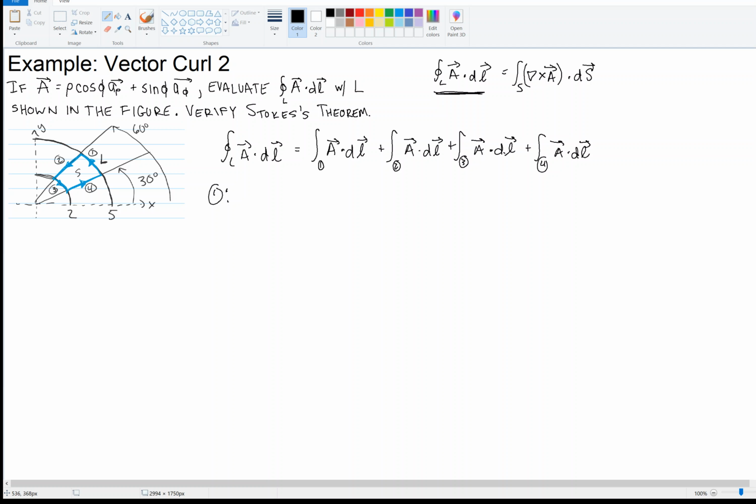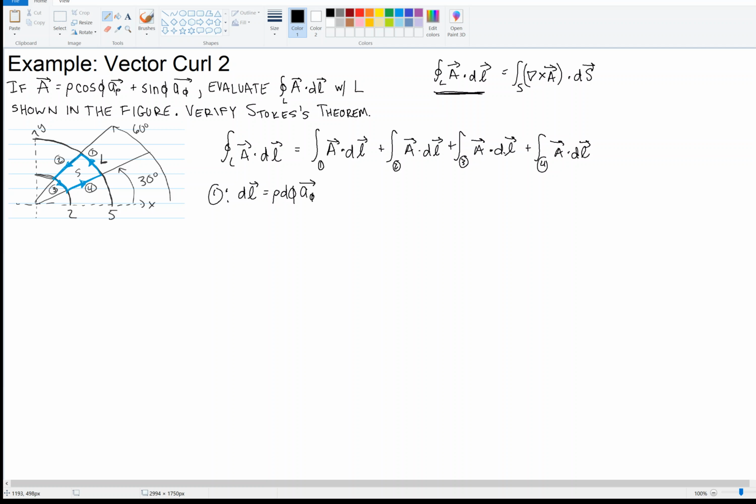So the displacement vector dl is just rho d phi times a phi. So dl in this case is rho d phi a phi, right?